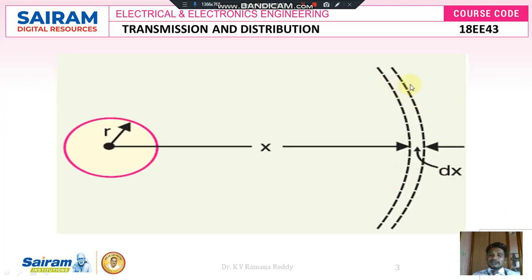In this figure, the external flux linkage is from the two points P1 and P2 having distances of D1, D2 from here, or at a distance of X meters here. So this is the external flux linkage. Internal flux linkage is because of this conductor. Thank you.